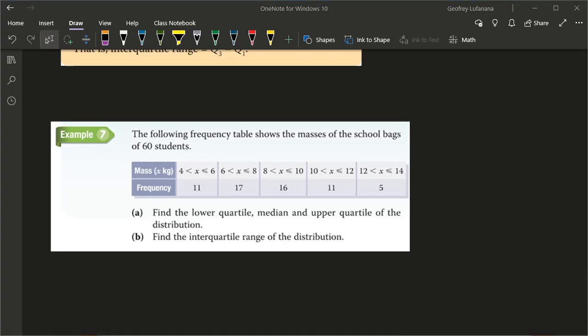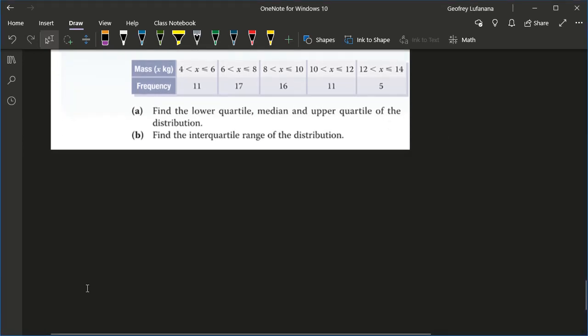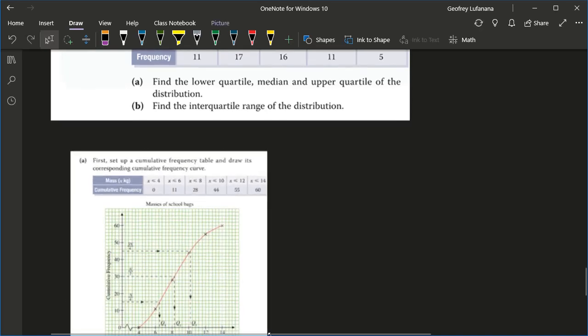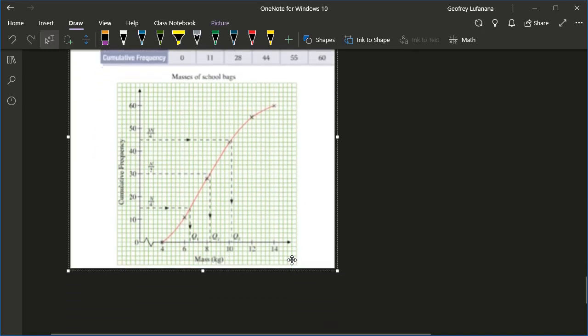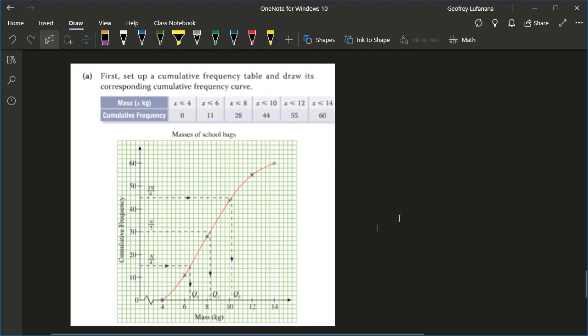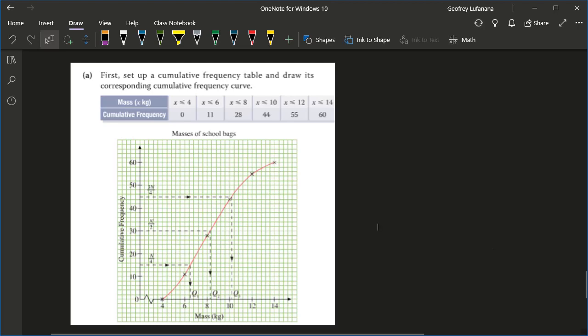For this question, I have a pre-plotted cumulative frequency curve. So what we are going to be doing in this video is also analyzing the curve and seeing how we determine the different quartiles. Now, to get quartiles, we divide the data into 4 equal groups.